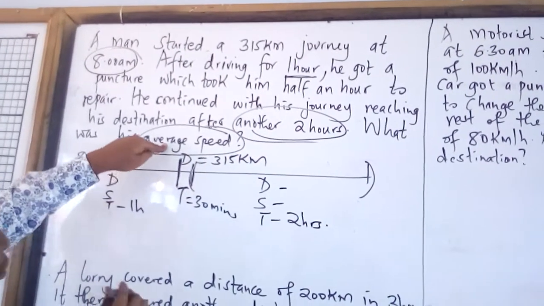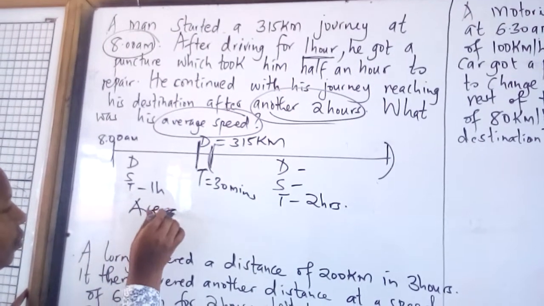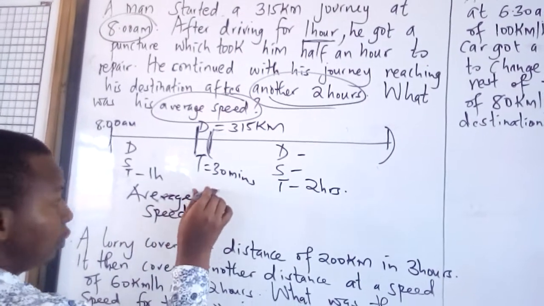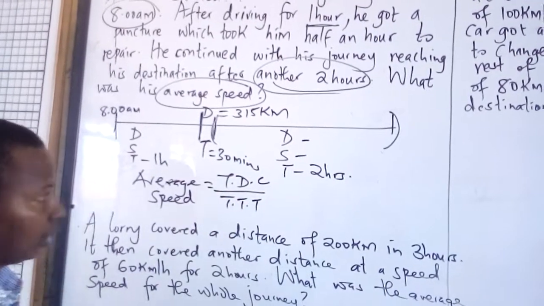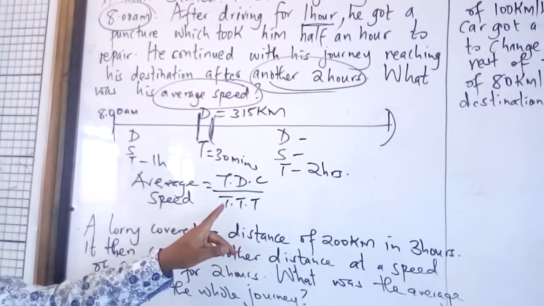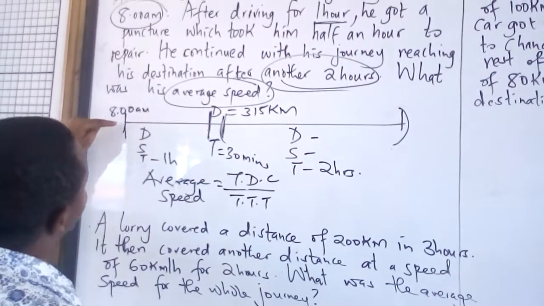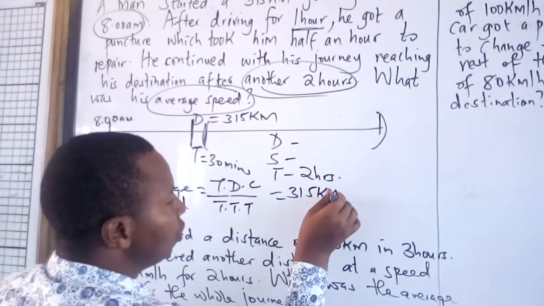The question is speed. And average speed is equal to total distance covered over total time taken. Now, what is the total distance? Total distance of the journey is 315 kilometers.